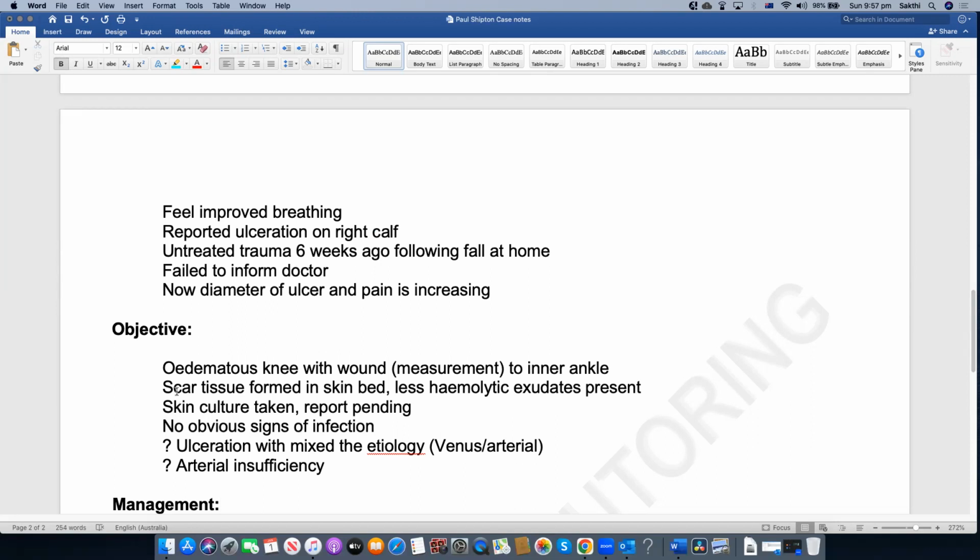And what about the other one? The next one, scar tissue formed in skin bed, less haemolytic exudate present. Is that going to be important as well? Scar tissue. I hope it is important, because what is the surgeon going to do?